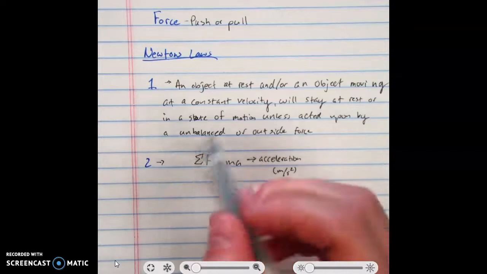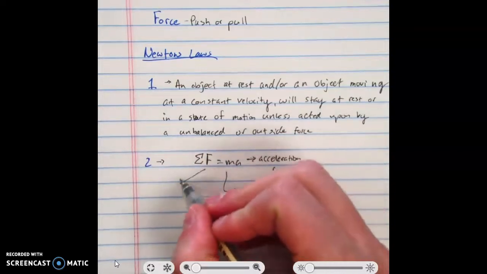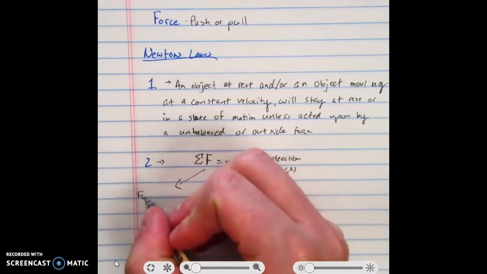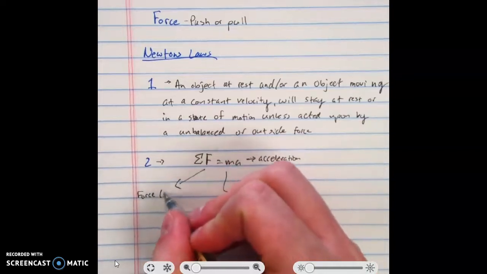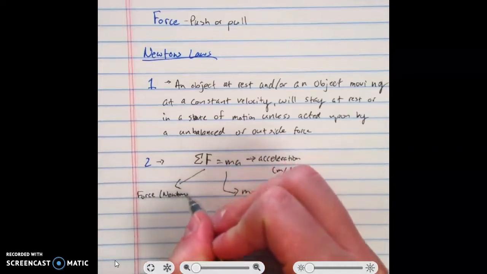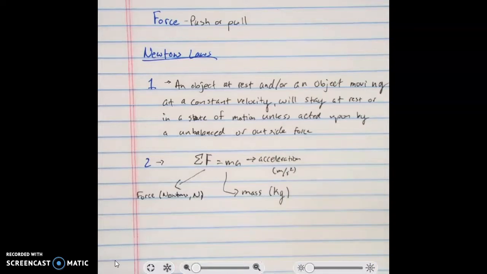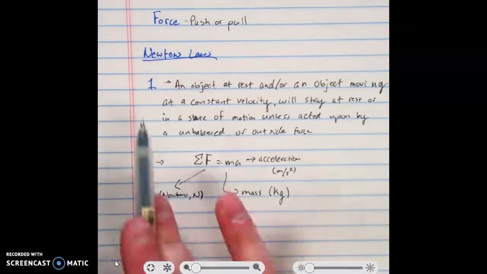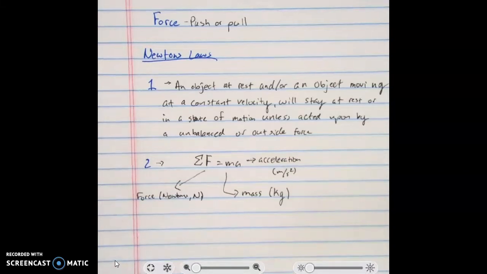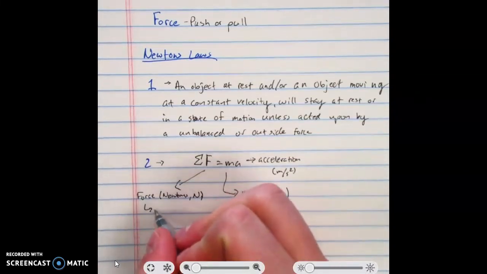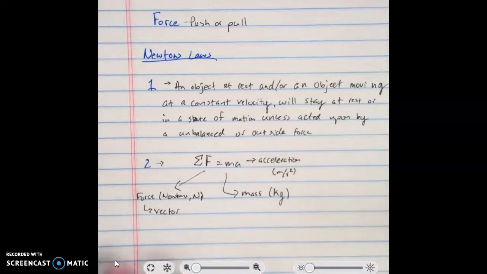So let's take a look at this other side. F, that is my force. Force is given in units of newtons, named after Newton himself, which are abbreviated to an N. Force is also a vector. Remember, if something is a vector, it has both magnitude and direction.